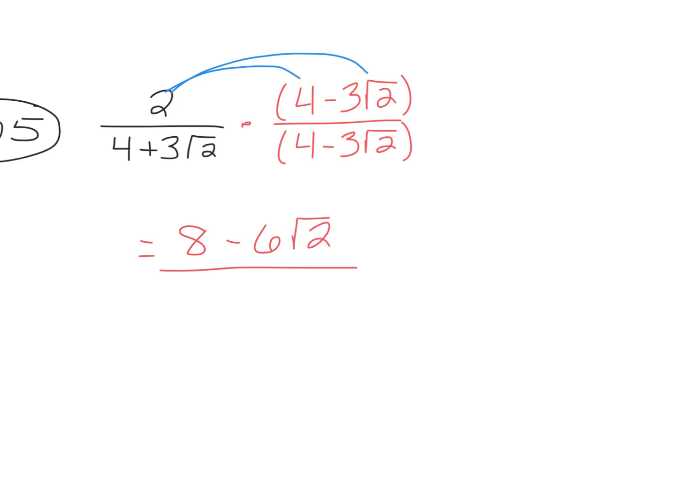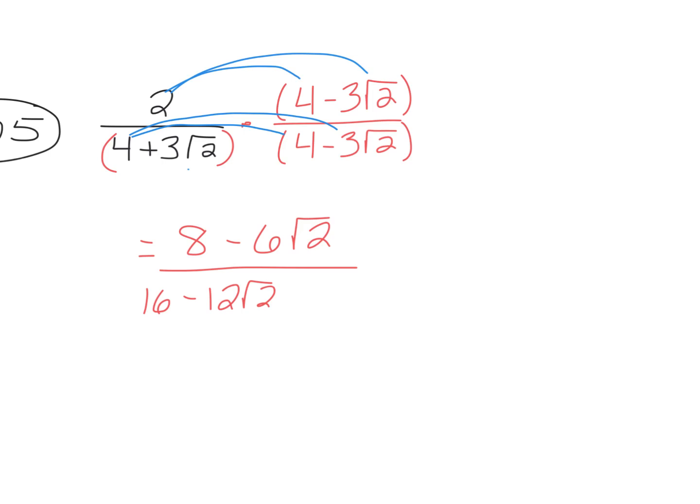Okay, that's the top. What do we have to do on the bottom? FOIL. Remember, when you're foiling conjugates together, what's going to happen? The middle terms are going to cancel out. So I have 4 times 4, which is 16. 4 times negative 3 square root of 2, minus 12 square root of 2.